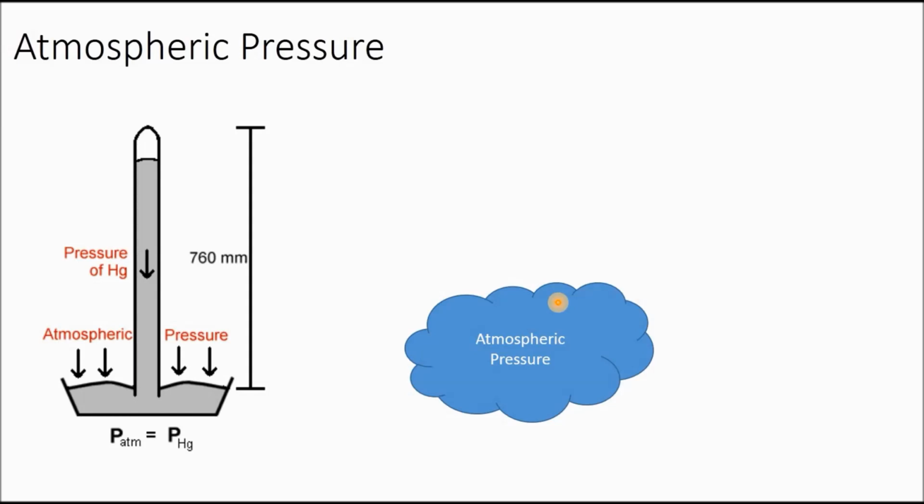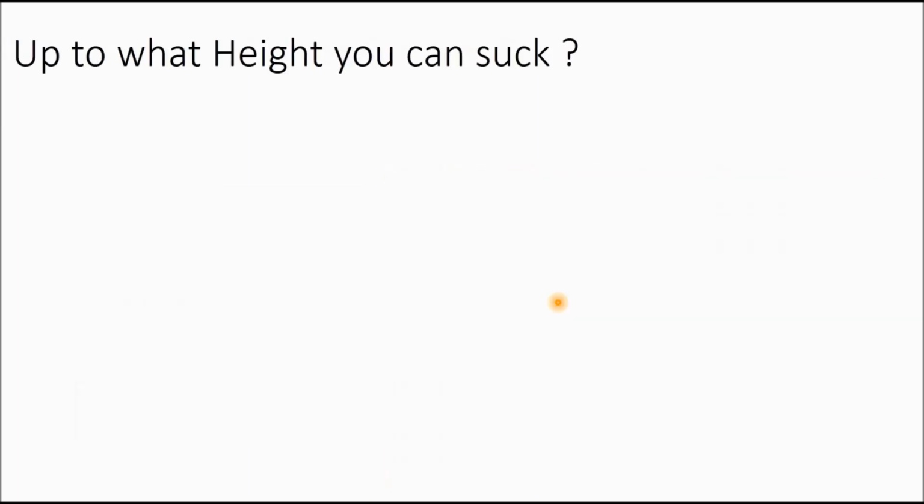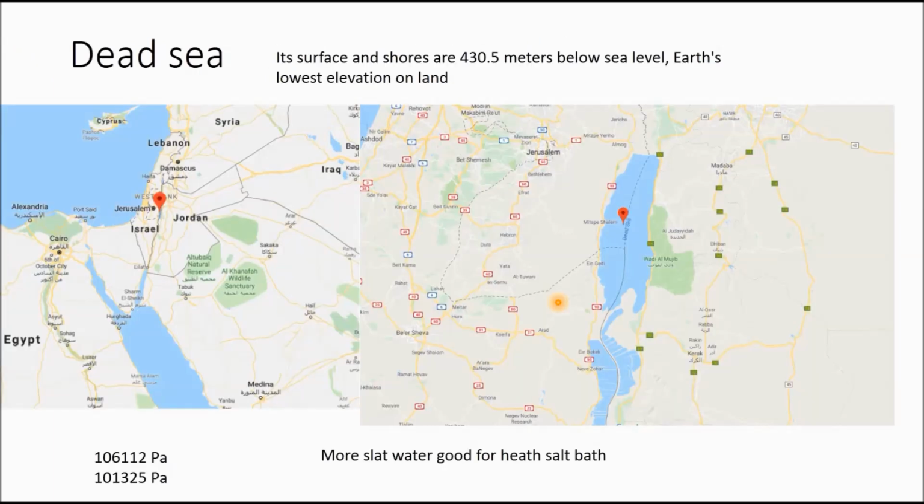Okay. Then again I can come back to the atmospheric pressure. How they measured the atmospheric pressure is rho gh, and 101,325 Pascal is our atmospheric pressure. I think we will discuss this mathematically. With P is equal to rho gh, you can suck water up to 10.3 meters. That is what can be done.